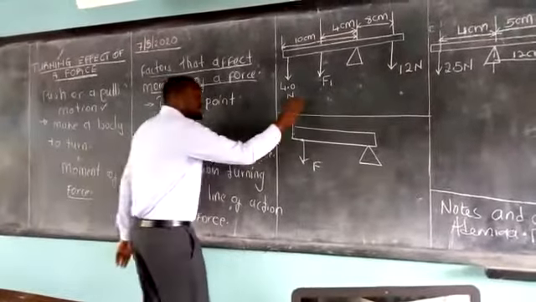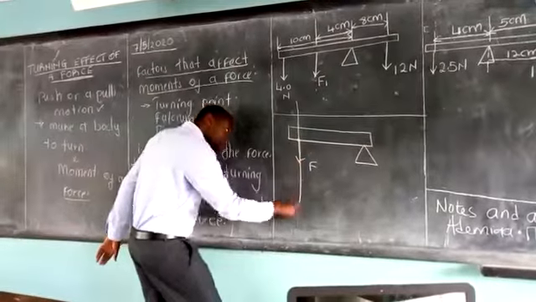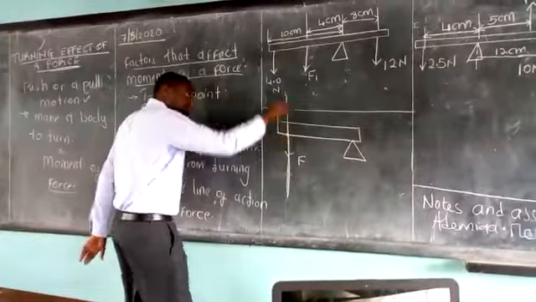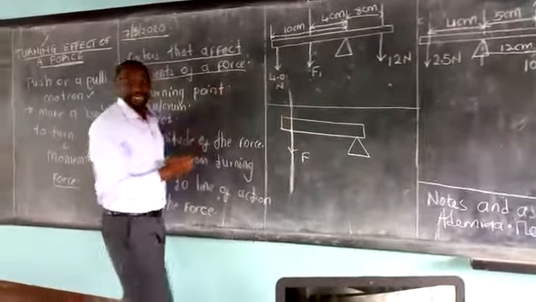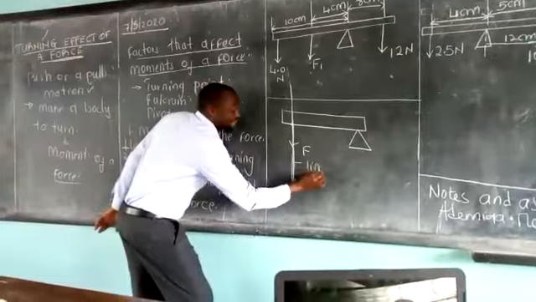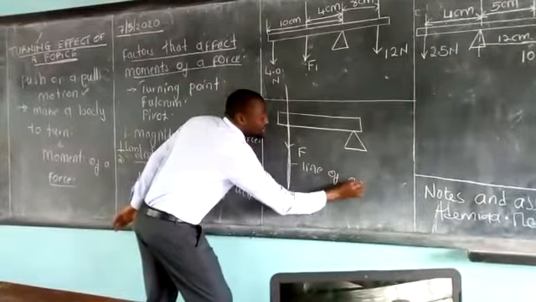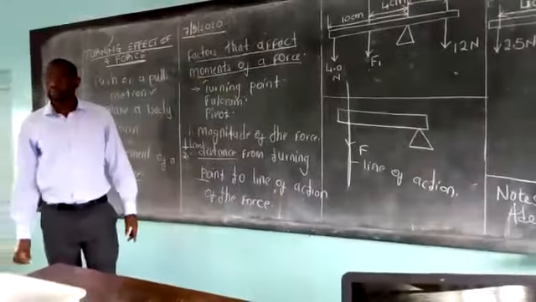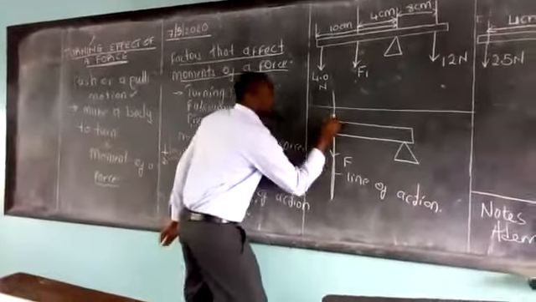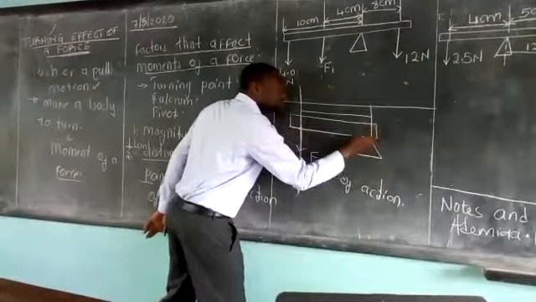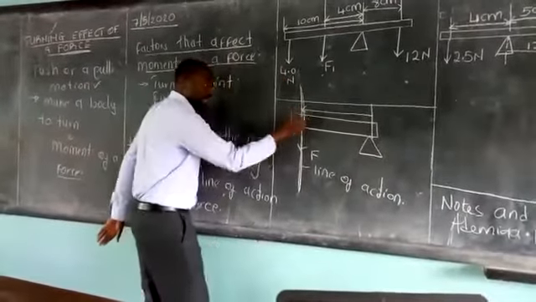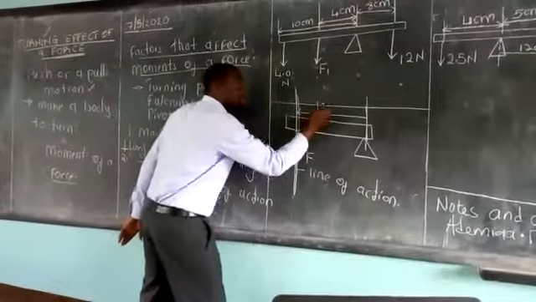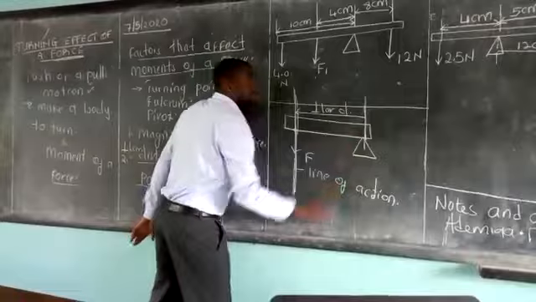We can draw a straight line along which the force is acting. This line is the line of action. The perpendicular distance we are talking about is the distance from the line of action to the turning point. That is our perpendicular distance, D.